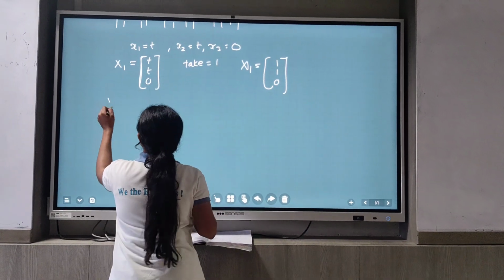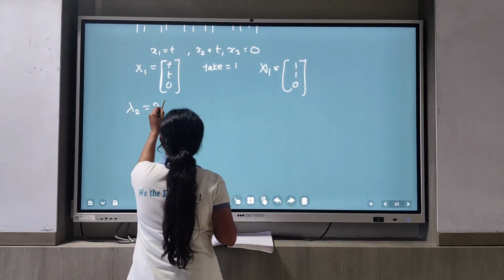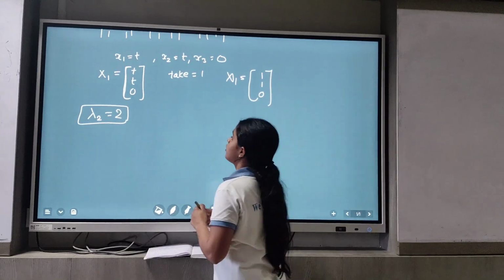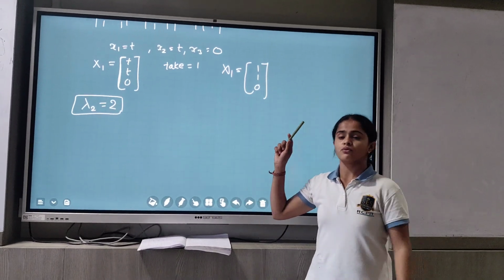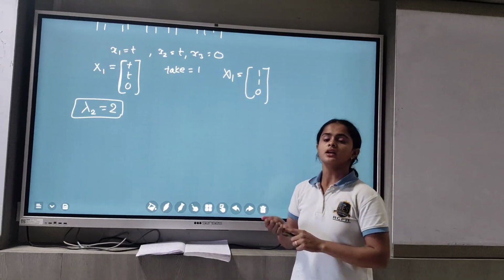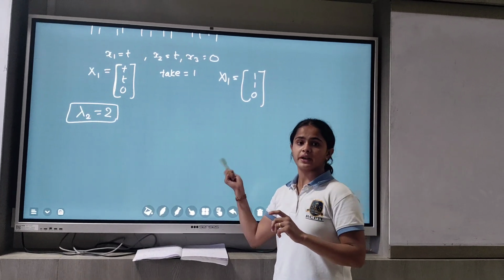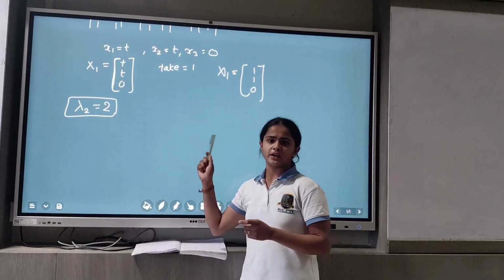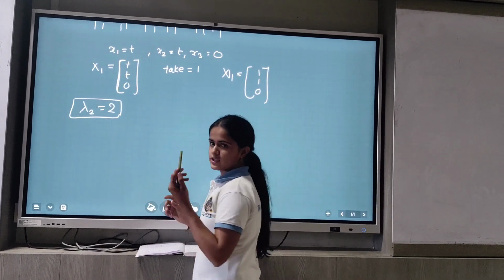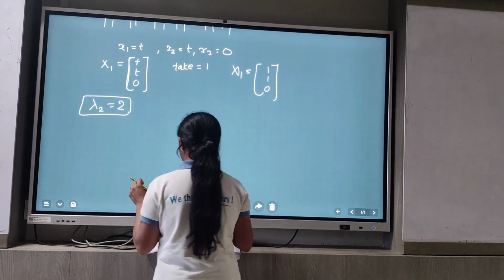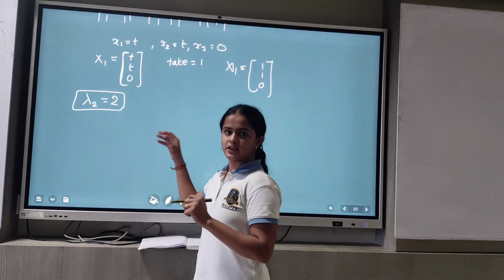Now for lambda 2 equals 2. The steps we have done for finding lambda 1 are repeated for lambda 2 and lambda 3. So when finding the eigenvector x2 for lambda 2, the process will be the same, so I will directly write the final solution.